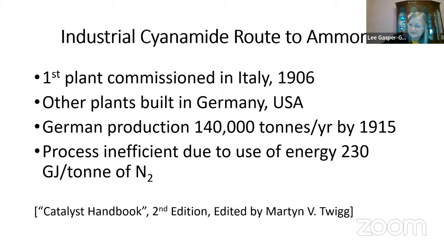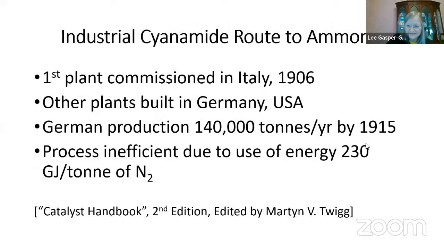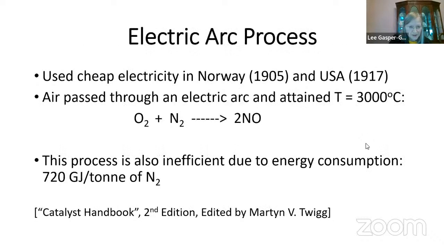And the process was inefficient, as I mentioned before, due to the high energy use because of the high temperatures that those reactions had to occur at. So you can see it was 230 gigajoules per ton of nitrogen.